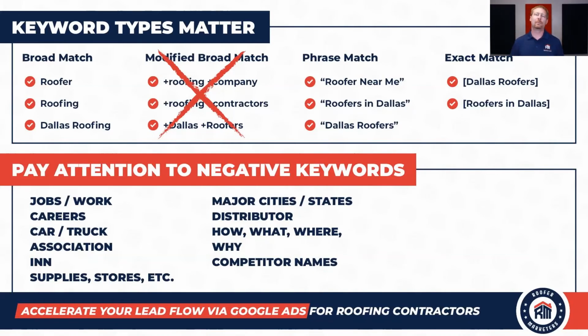So other things to pay attention to with the negative keyword list: jobs, right? Roofing jobs, roofing careers, car, truck, RV, RV roof repair, BMW roof repair, all of these things are part of it, right? Different roofing associations, supplies.